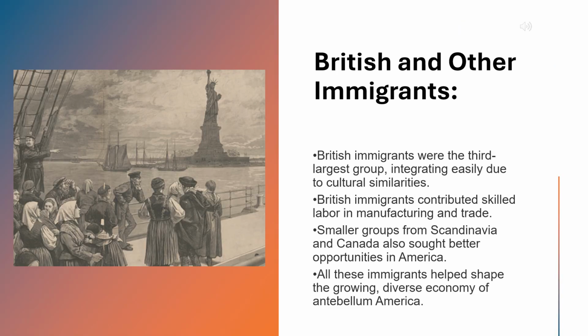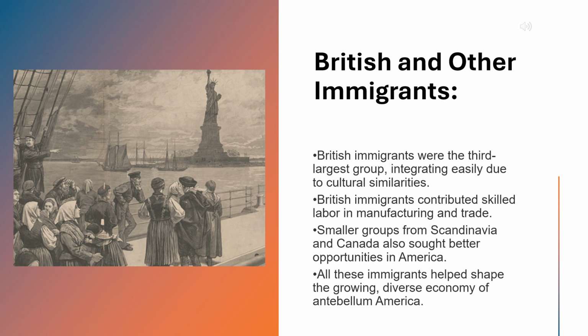Immigrants from Britain made up the third largest group during this period. British immigrants, due to their linguistic and cultural similarities to native-born Americans, often integrated more easily into society than other immigrant groups. Many British immigrants brought valuable skills in manufacturing and trade, contributing to the growth of American industry.